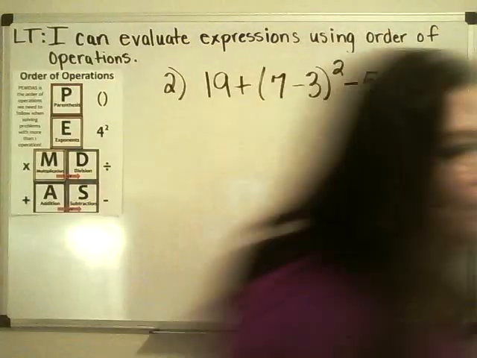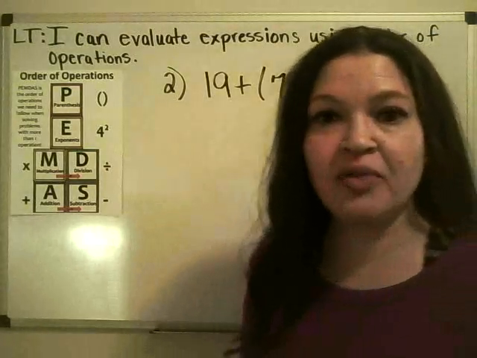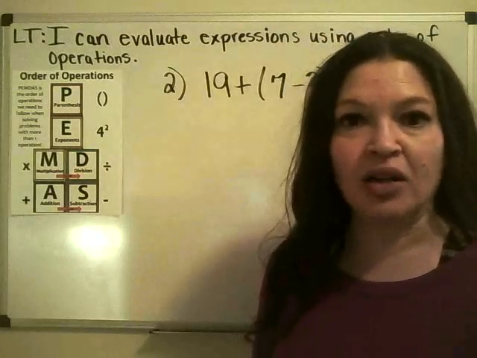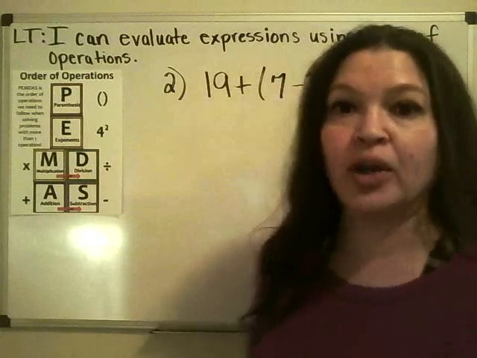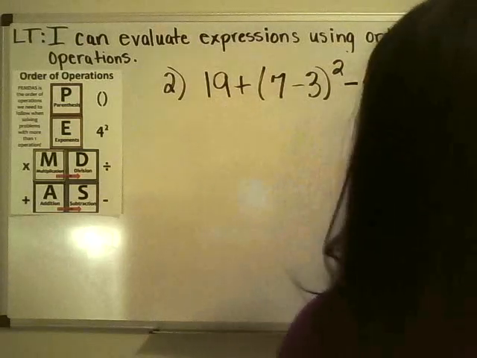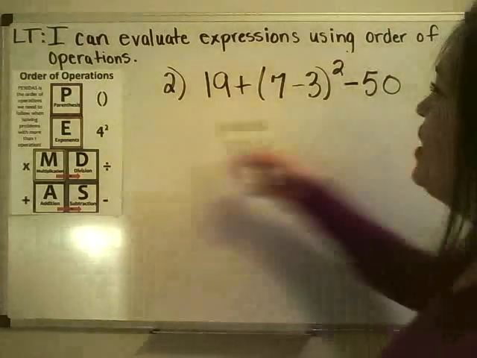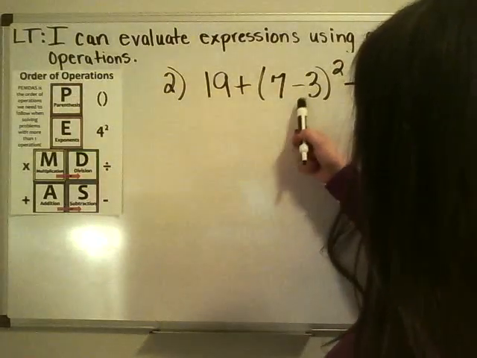All right. Now this is a little different. That's okay. We want to solve lots of different problems so that you are well aware of what to do whenever you see an easy one or a hard one. Okay, so scan it real quick. Figure out what we need to do first. I see some parentheses that need to be handled right here.